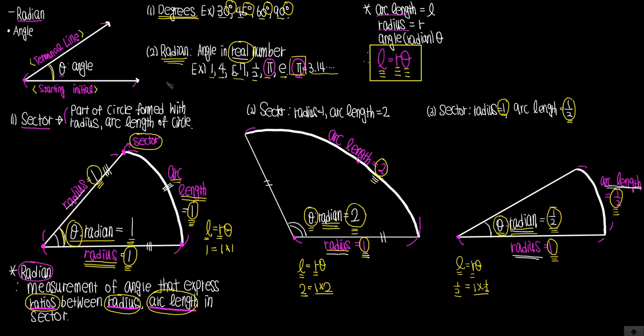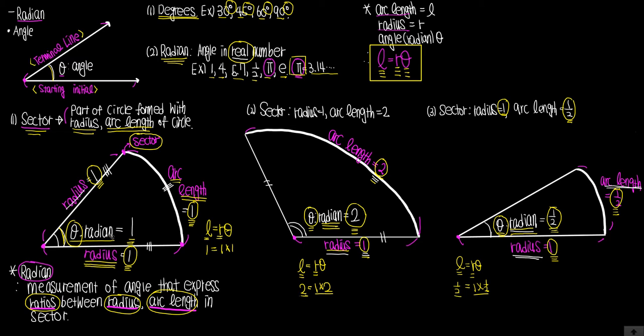And we could define the radian in our sector, and the sector was the part of the circle formed with the radius and the arc length of our circle. And again, the radius is half of the diameter, and the arc length is part of the circumference of our circle, but we are thinking about it in terms of the sector.